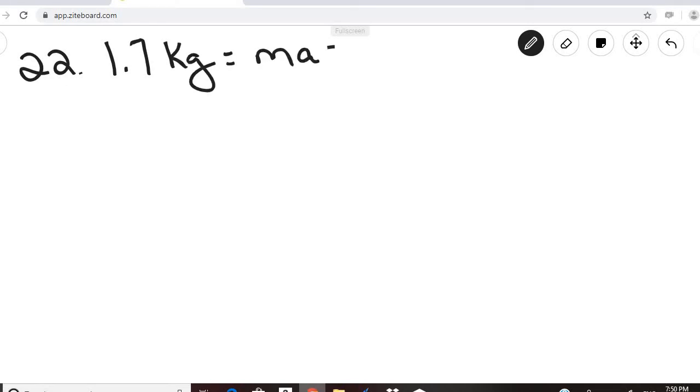Okay, number 22. Again, it's a density equation, and now we are given the mass as 1.7 kilograms. And the volume is 0.164 liters.